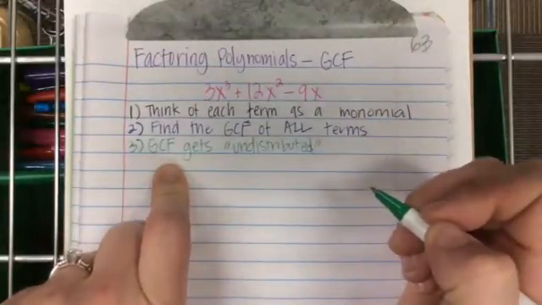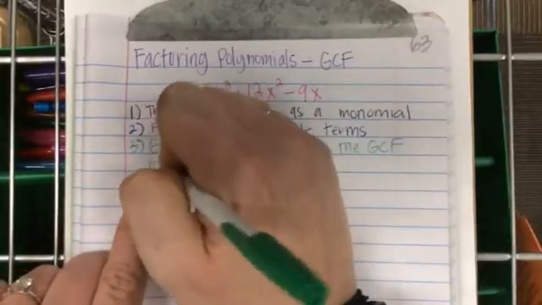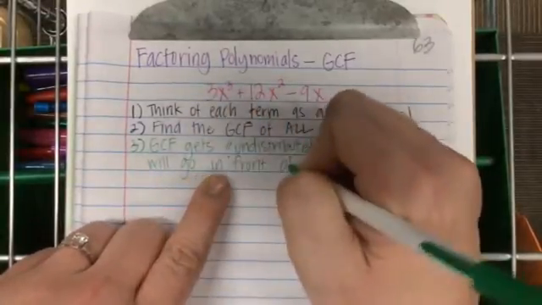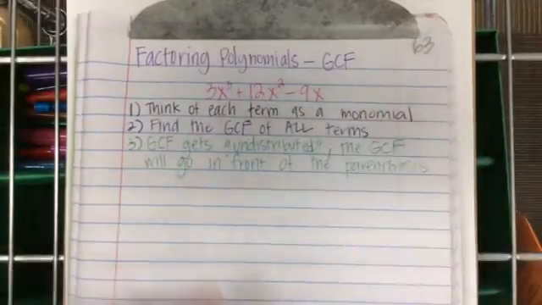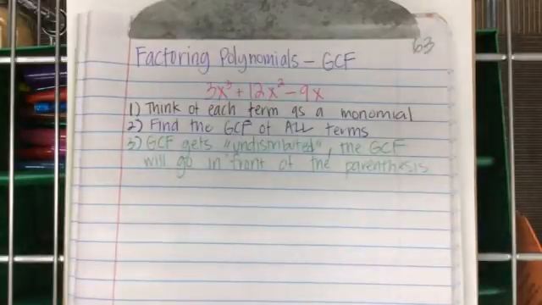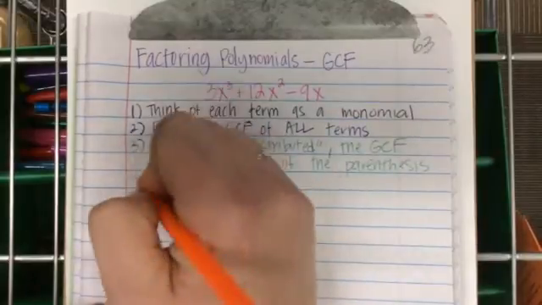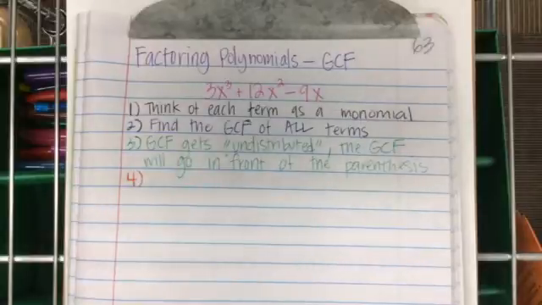Instead of multiply, we're going to divide, right? The GCF will go in front of the parentheses. We're dividing instead of multiplying. The GCF is going in front.